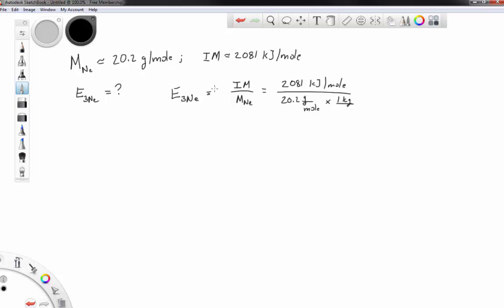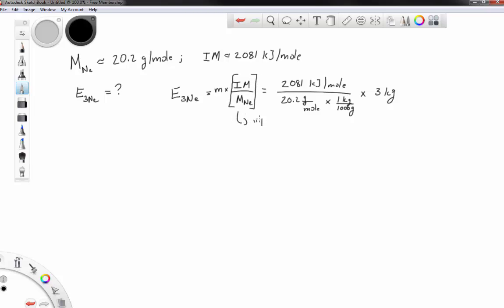So we need to multiply this by the mass. 1 kilogram is 1,000 grams, and then we have 3 kilograms worth of stuff. So this right here is basically the ionization energy per kilogram.